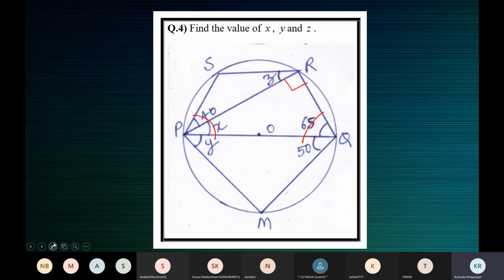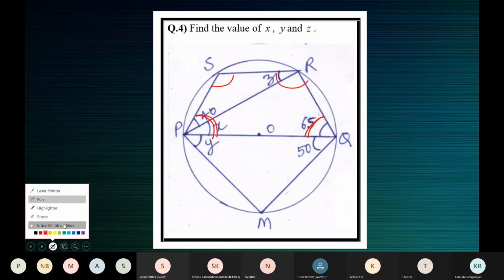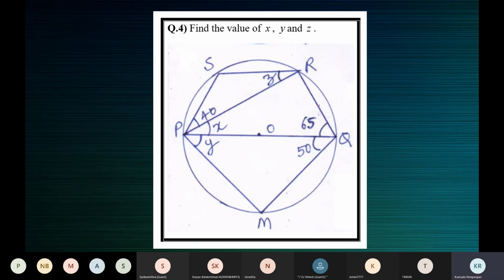Shreyas, see, angle P and angle Q are adjacent angles. Opposite angles are Q and S, P and R. As Nivedita said, first this angle is 90 degrees.